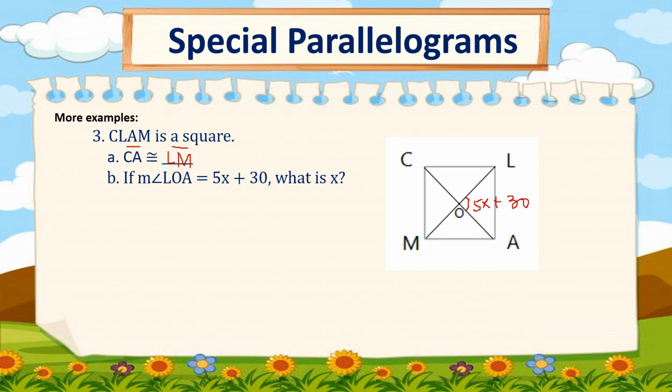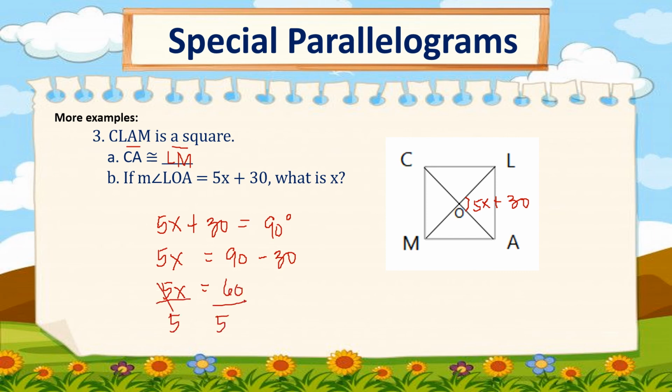So if angle LOA is 5x plus 30, we can equate it to 90 degrees. Now we can solve for x. So we have 5x is equal to 90 minus 30. 5x is equal to 60. Divide both sides by 5. Therefore, x is equal to 12.